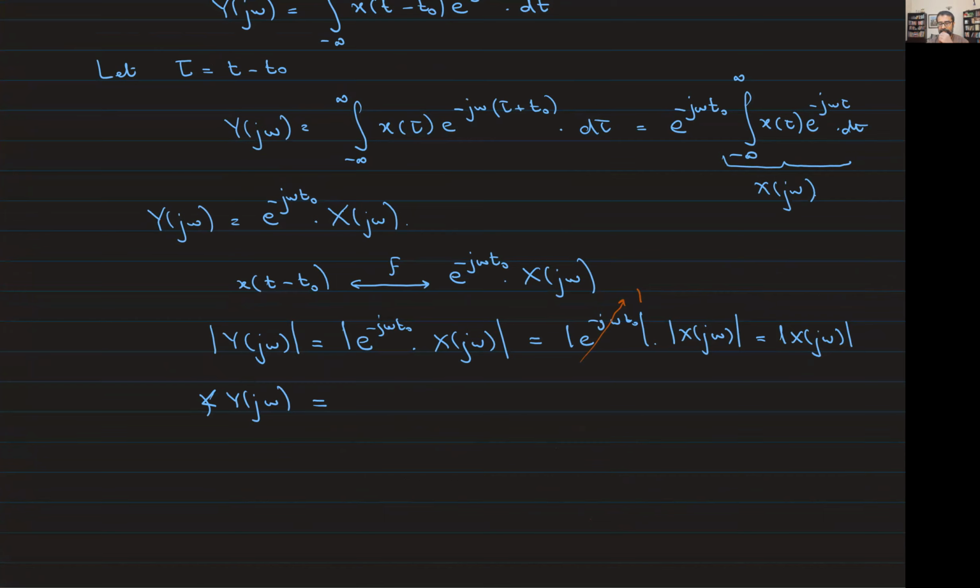That's just simple complex number analysis. That's just equal to the phase of X of j omega minus omega times t naught. Right? Is that clear? Why does that happen?